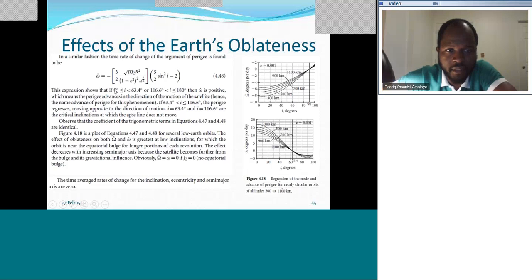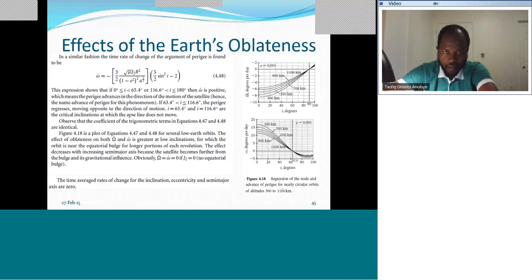The expression shows that when the inclination angle is greater than or equal to 0 degrees but less than 63.4 degrees, or when it is greater than 116.6 degrees and less than or equal to 180 degrees, the time rate of change of the argument of perigee is positive. It just means that the perigee is moving forward in the direction of the motion of the satellite.